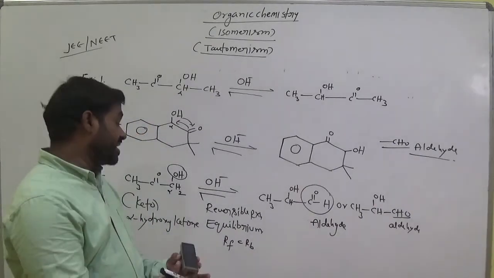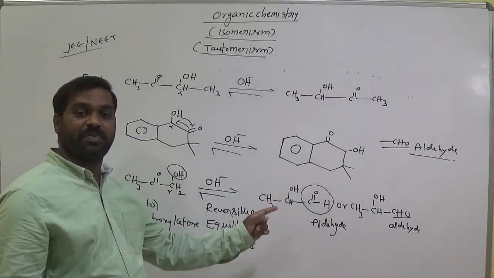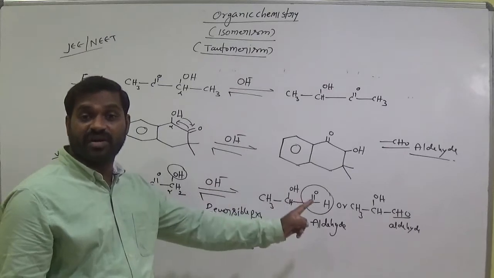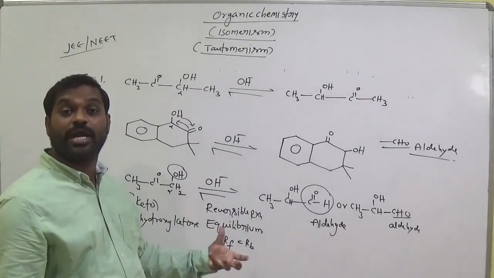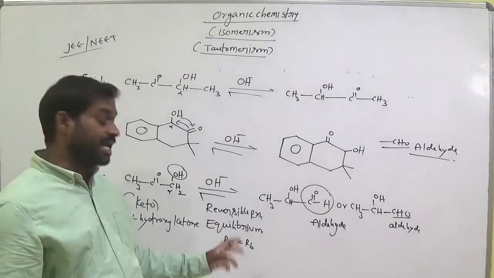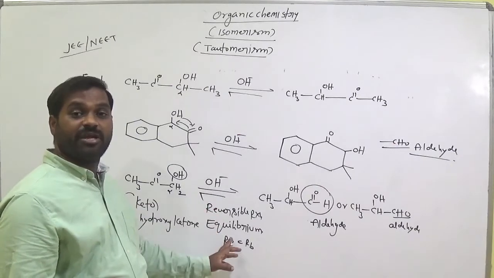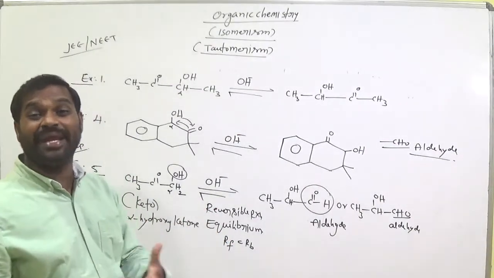So what is the speed of this reaction in the forward direction? It has the same speed in the backward direction also. Speed of forward reaction equals speed of backward reaction. Speed is the same, so the rate of reaction is also the same. Then that reaction is called at equilibrium. Rate means speed.